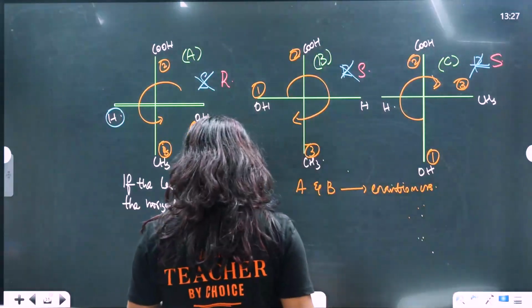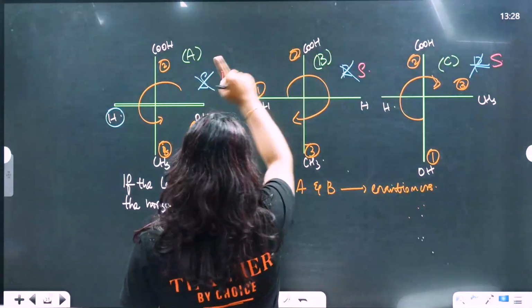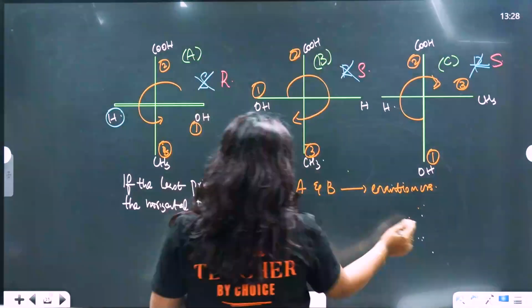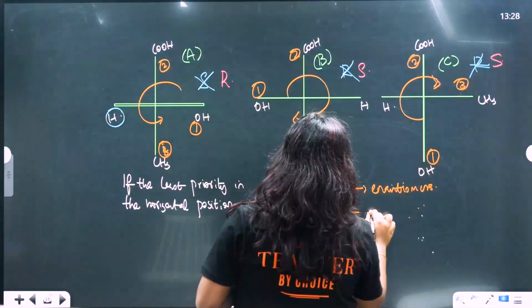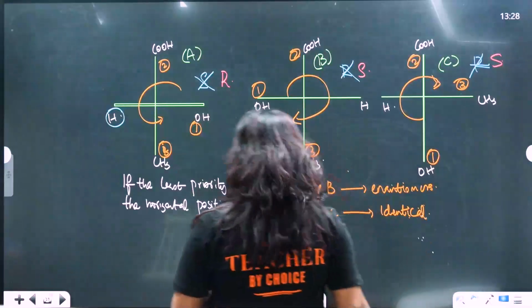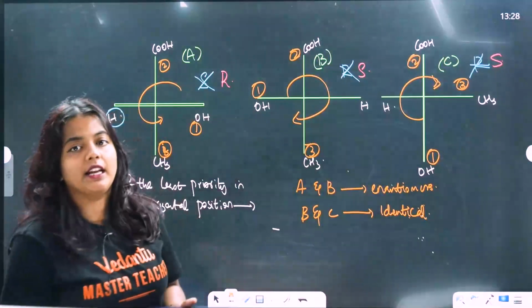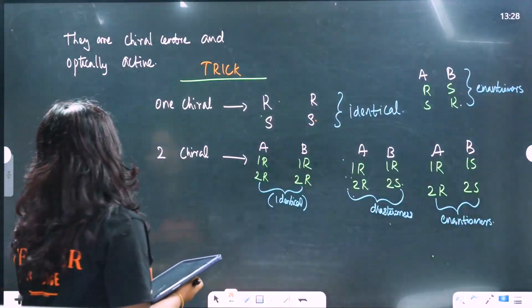Okay, and see, one is R and one is S. One is clockwise and one is anti-clockwise. So that is enantiomers. B யும் C யும் வந்து பாத்தீங்கன்னா identical. Both are S. Both are identical. Clear everyone? Clear?